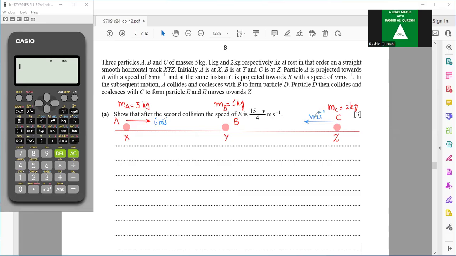In the subsequent motion, particle A collides and coalesces with particle B to form particle D. Particle D then collides and coalesces with particle C to form particle E, and E moves towards C. So the first case is here.